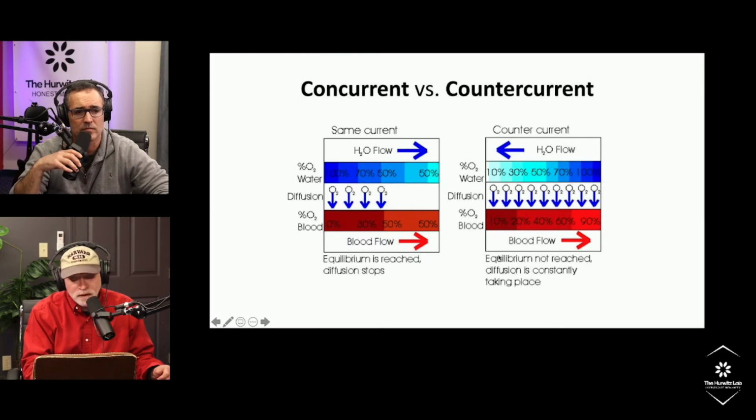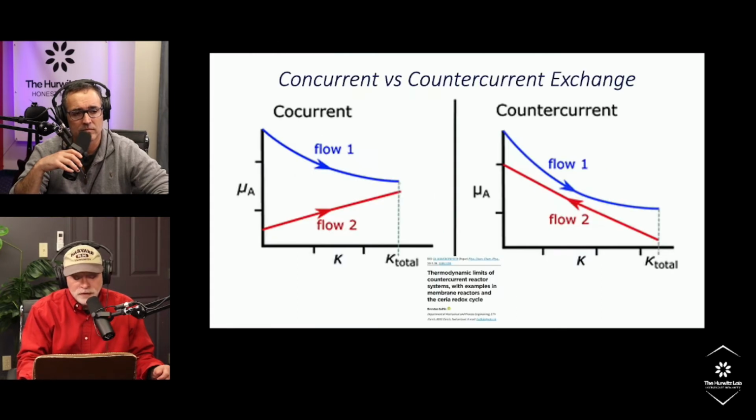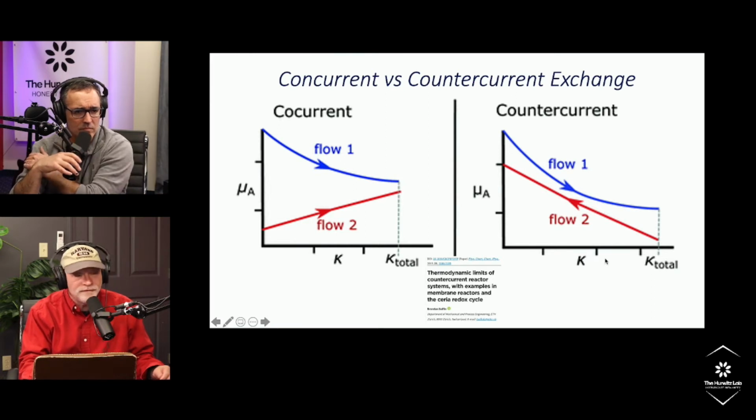Whereas equilibrium is not reached in the countercurrent example, and therefore you maximize diffusion. It's constantly taking place over the whole surface, and that's what you want to do. So again, this just shows the same from a different paper. It shows, I think, a little bit more of a mathematical model of what happens to flow 1 and flow 2, but the countercurrent is what you're looking for when you're trying to conserve.